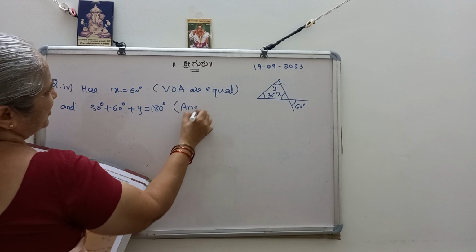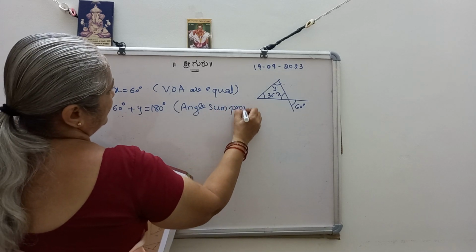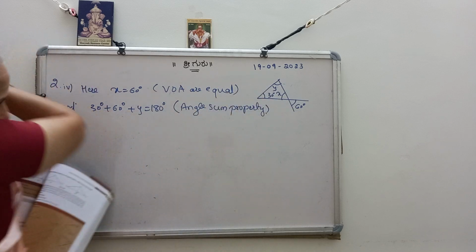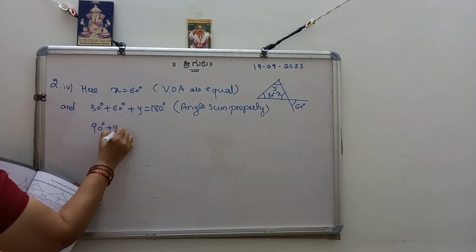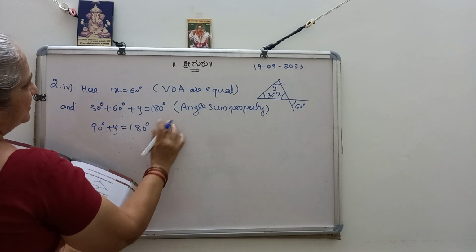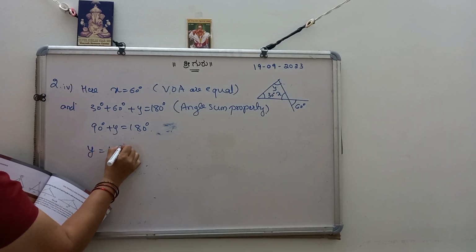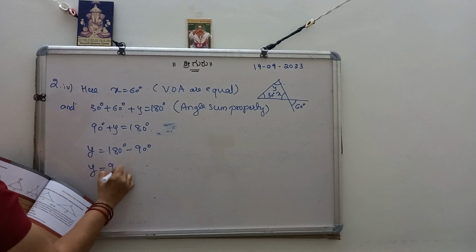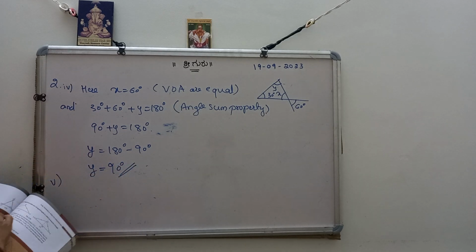Angle sum property of a triangle. What it says? The sum of all the angles of a triangle is 180 degrees. 90 degrees plus y is equal to 180 degrees. y is equal to 180 degrees minus 90 degrees. This is equal to 90 degrees. Now the fifth one.